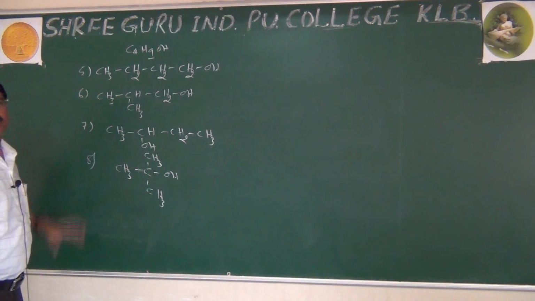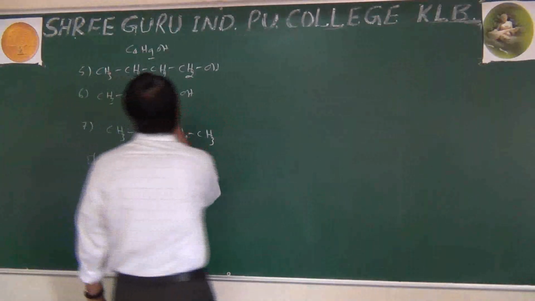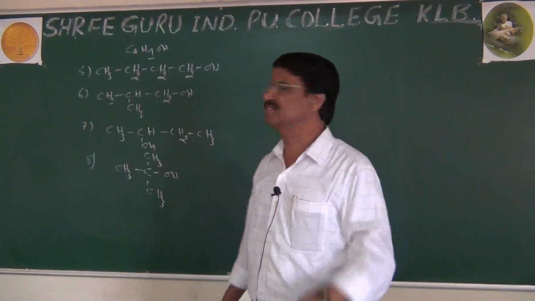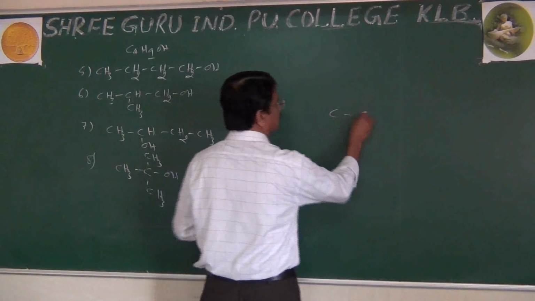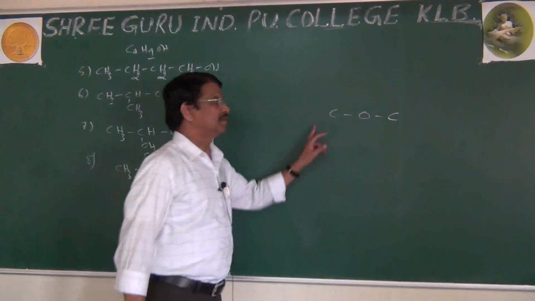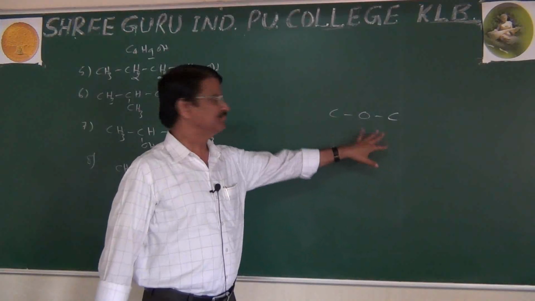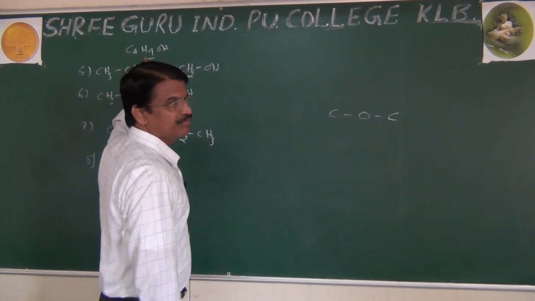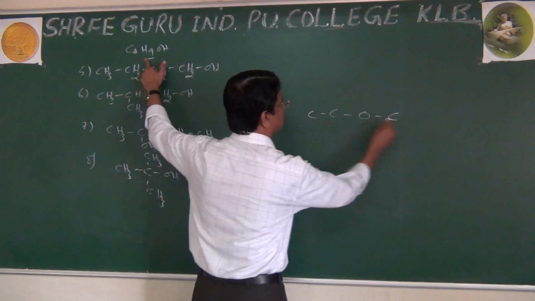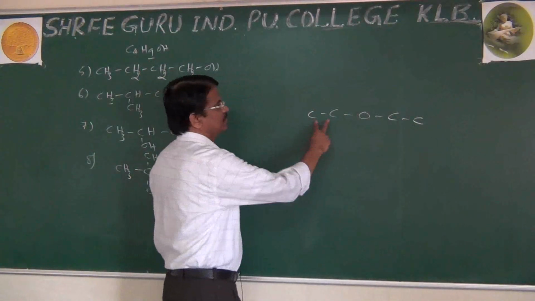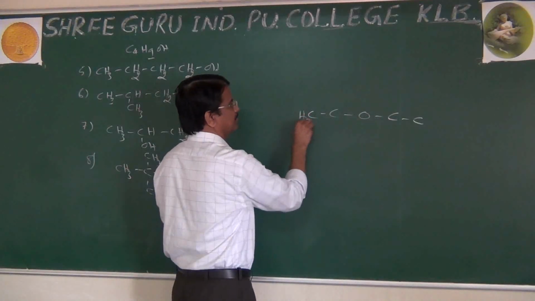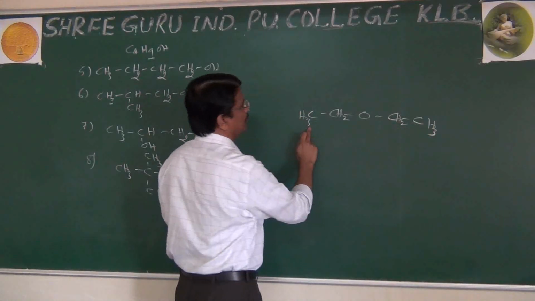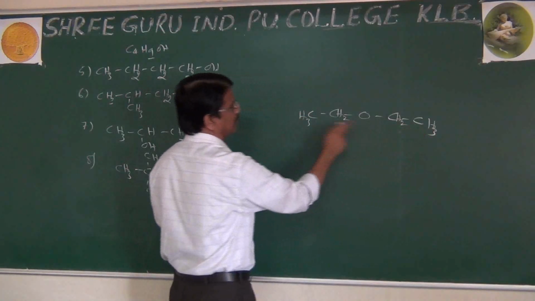Anyway, these are the 4 alcohol molecules using the molecular formula C4H9OH, and the remaining 3 belong to ethers. An ether molecule we can write like this: carbon, oxygen, carbon bond. This type of molecules are said to be ethers. Now using this formula C4H9, 3 plus 2, 5.